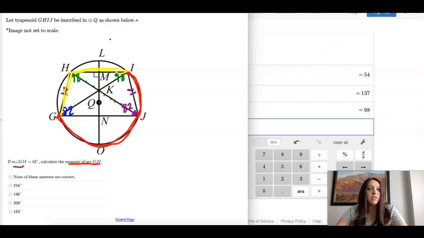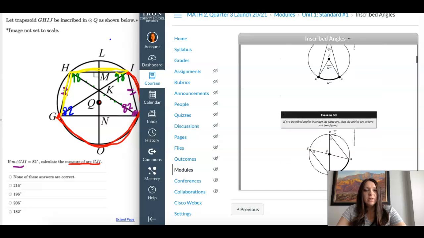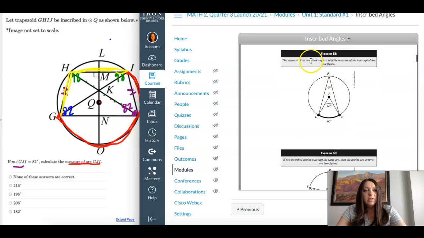So again, we have to use stuff we've learned before. I'm going back to 1.3, and I'm looking at inscribed angles. So here I have an inscribed angle of 98 degrees. So what happens is the arc length doubles from the inscribed angle. We're not coming from the radius, we're coming from the triangle. We're making two chords.